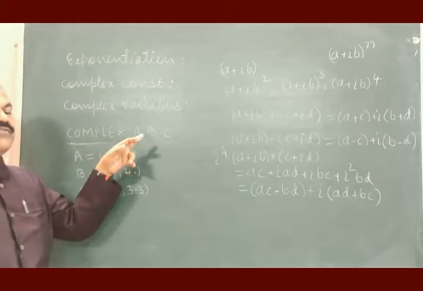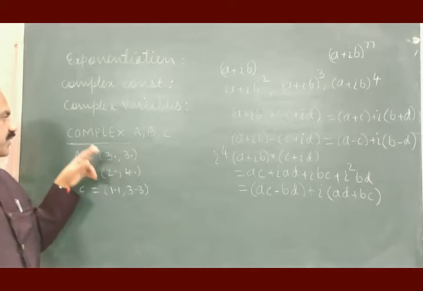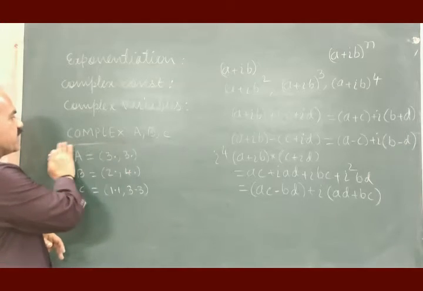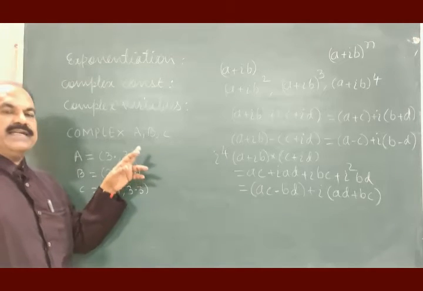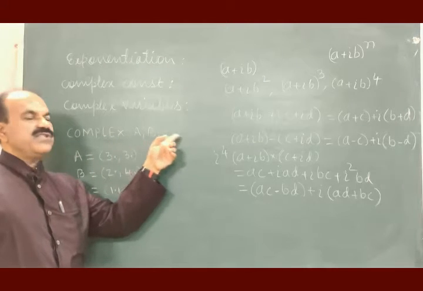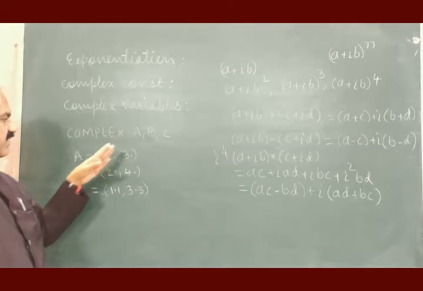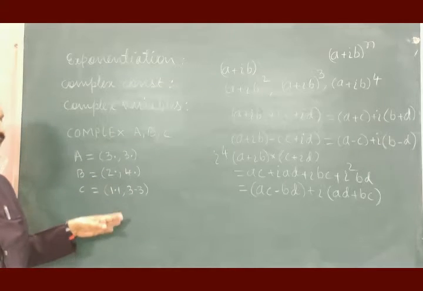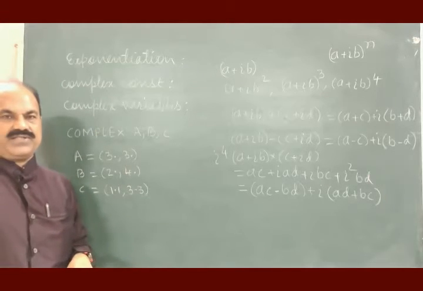So, this is the way of defining complex variables in Fortran. Use the word complex, which is the statement, to specify that variables followed by this statement will be complex variables, and these complex variables can be assigned complex constants this way. So, this is for complex variables.